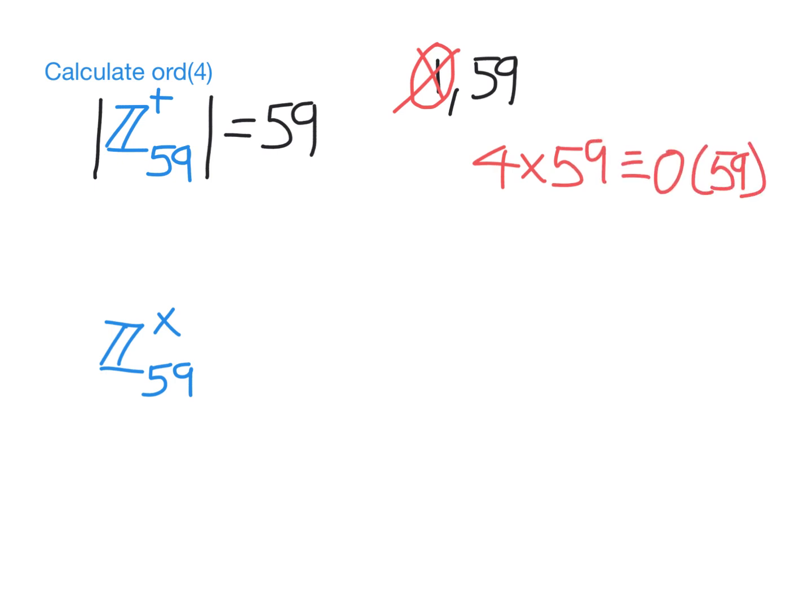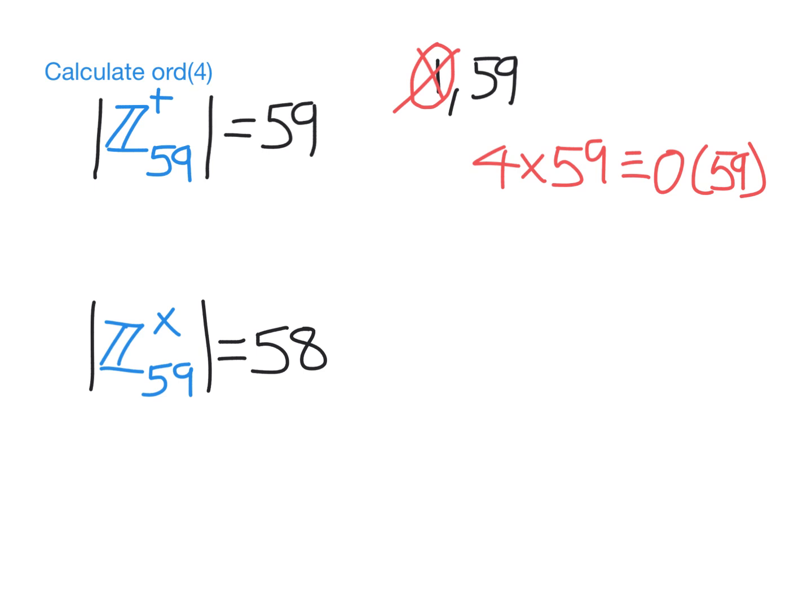All right, let's now find the order of 4 in this group here. So this group actually has order 58 because only the non-zero elements in mod 59 form a group under multiplication. We can't include 0 because it has no multiplicative inverse.